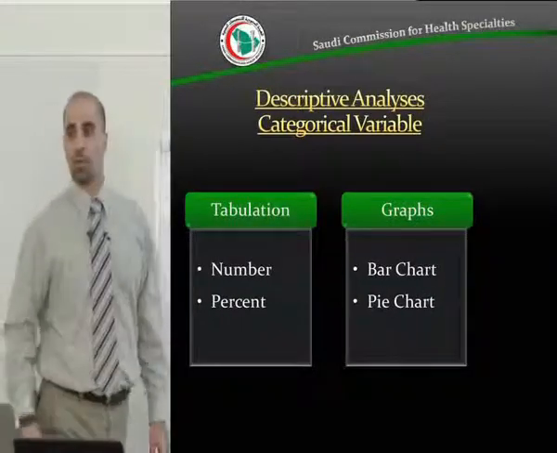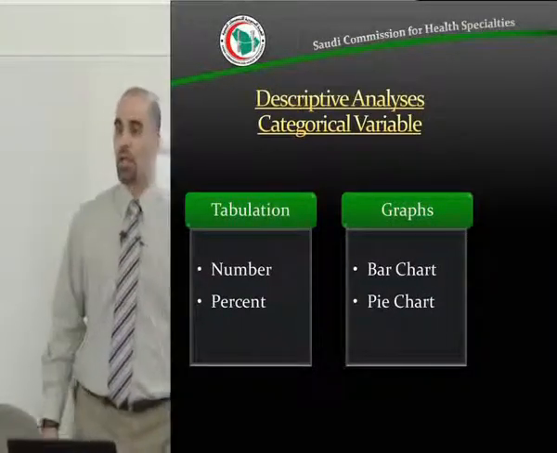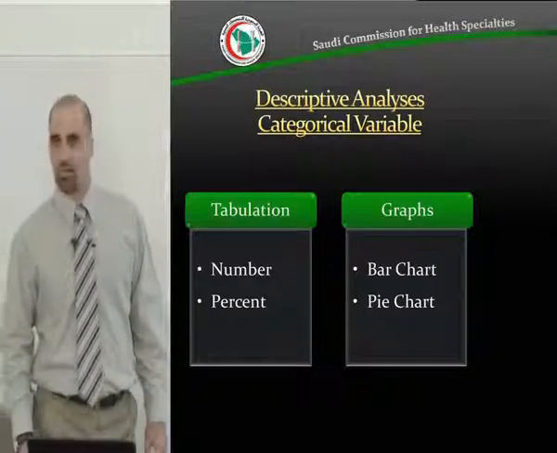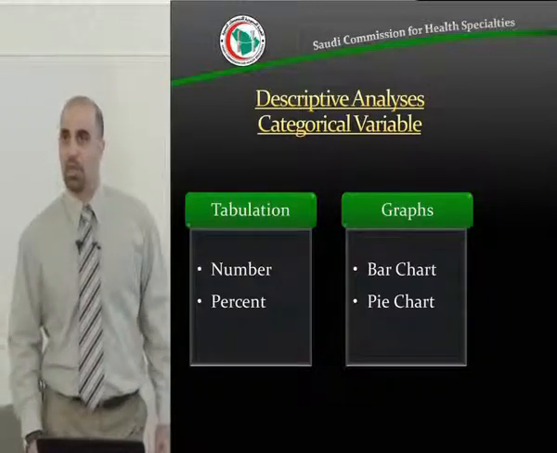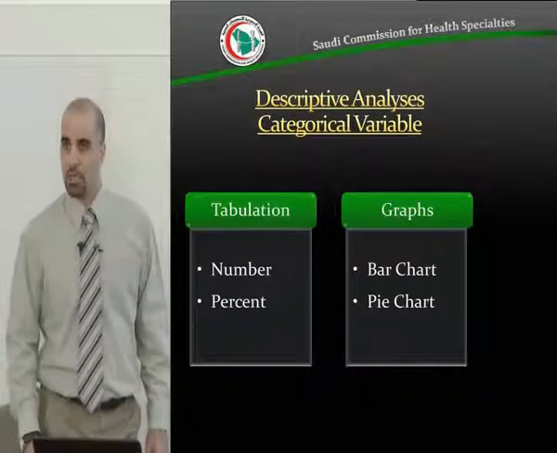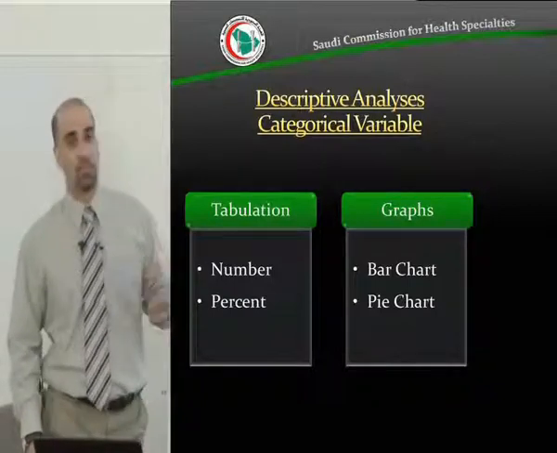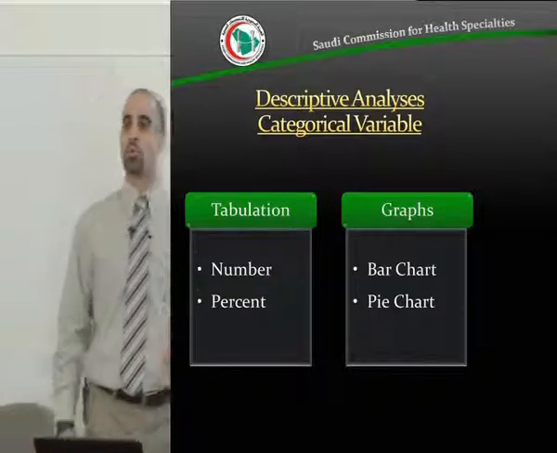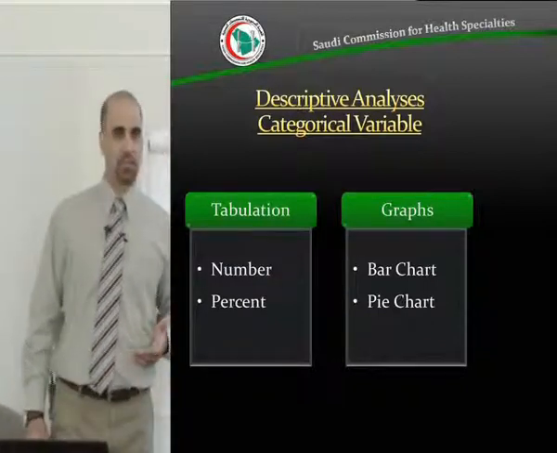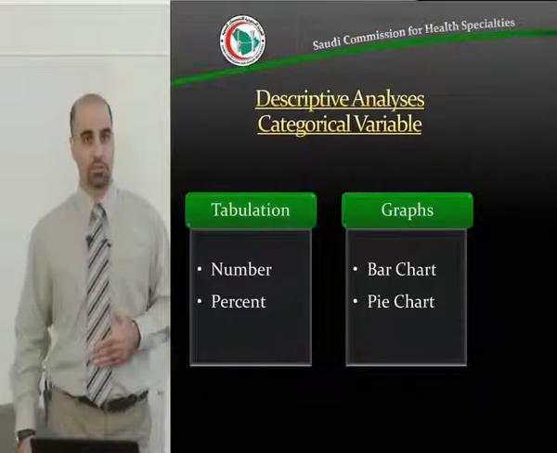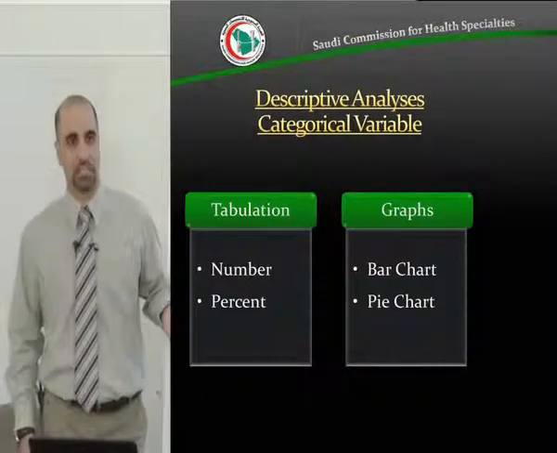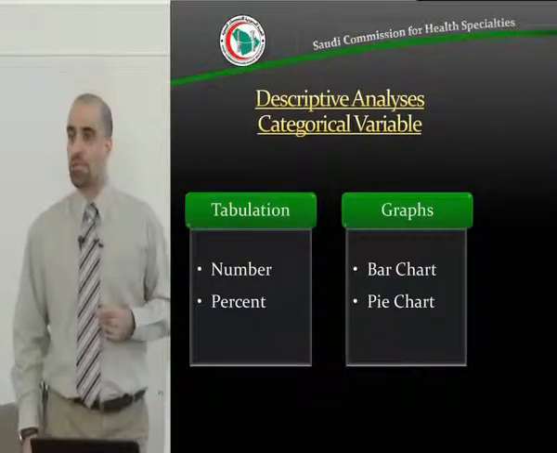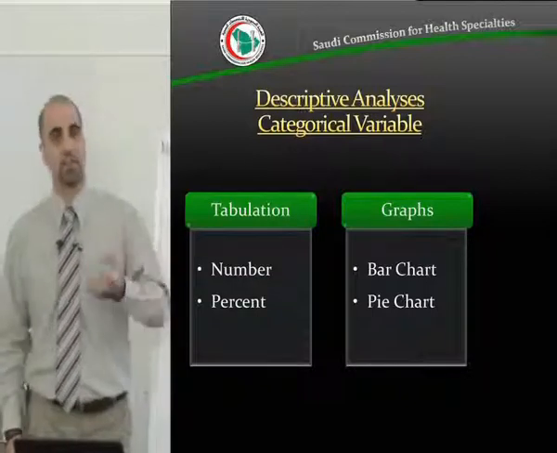In terms of tabulation, usually the way to summarize or describe a categorical variable is by giving a number and a percent. If you give only the number, it's not good enough, because you might say I have 100 males, but in fact 100 males out of 100 is 100%, which means everybody is male. But 100 males out of 1,000 is a minority.